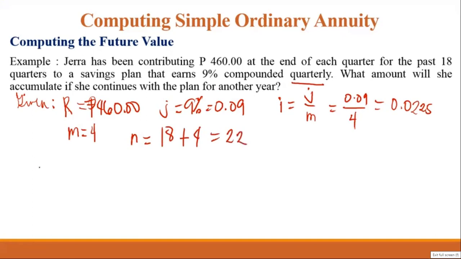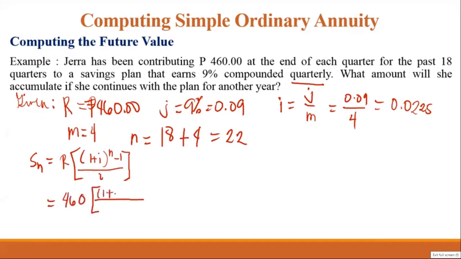So, using the formula in solving for the future value, we have S sub n equals R times the quantity of 1 plus i raised to n minus 1, over i. Just substitute the values. So this is 460 times 1 plus 0.0225 raised to 22 minus 1 over 0.0225.